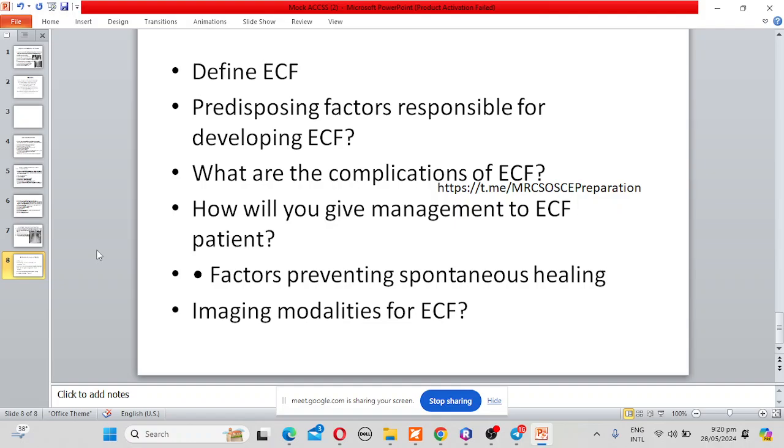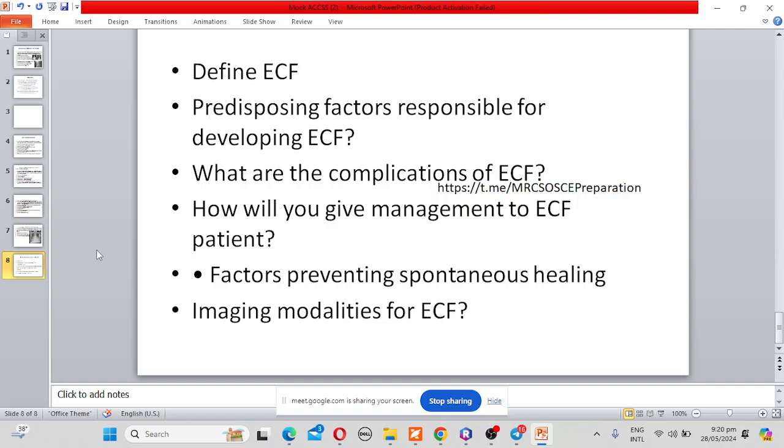Remember, they asked me what is the indication of surgery. All right. So the indication of surgery is that we usually do a trial of conservative management. 60% of fistulas will close spontaneously when the sepsis is controlled and the distal obstruction is relieved.